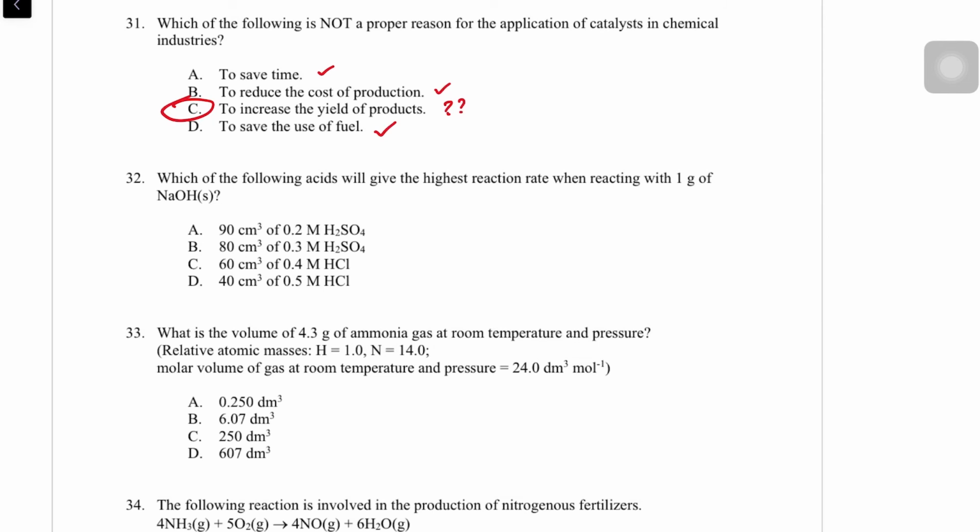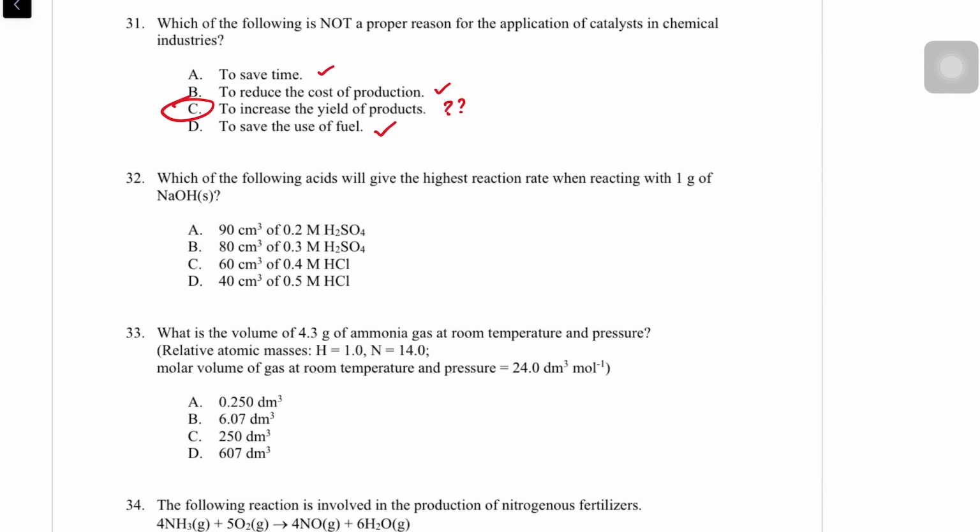Next, which of the following acids will give the highest reaction rate when reacting with 1 gram of sodium hydroxide? Highest reaction rate means it should have the highest concentration of hydrogen ion. It has nothing to do with the volume, because the reaction rate is about the concentration only.